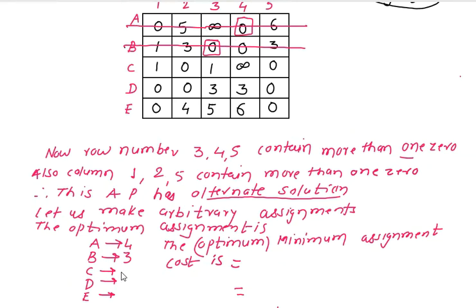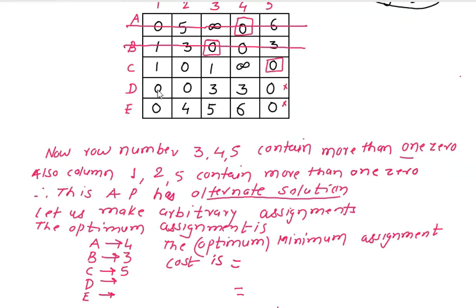Let us use any one, say job number 5 we are using here. So you can draw a vertical line for this when we make an assignment in a row. Draw a vertical line like this so that this 0 we cannot use for further assignment. Now this we will not use for assignment.